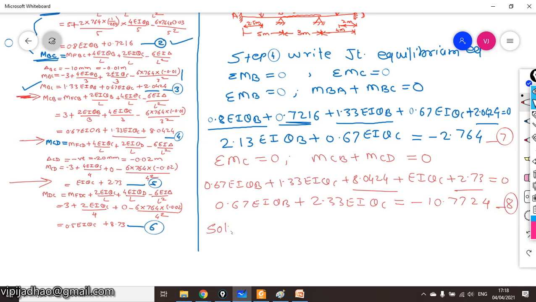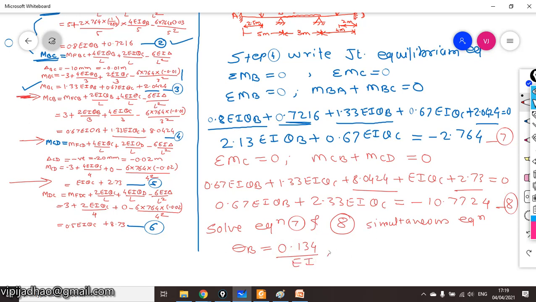So solve equation 7 and 8 as simultaneous equations. We will get the value of theta B is equal to 0.134 divided by EI.